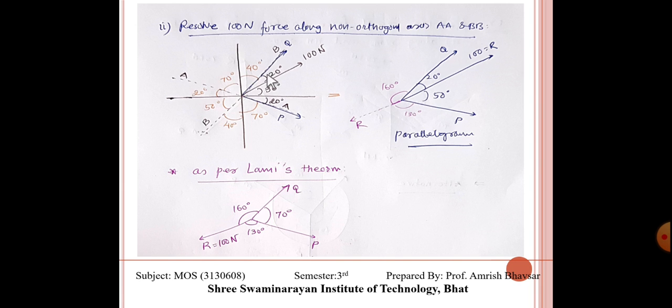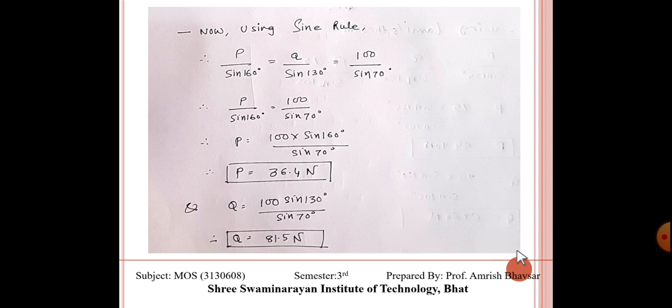Now the angle between Q and this R is 160 degrees, this is 70 degrees, and here it is 130 degrees. From this we can calculate P upon sin 160 is equal to Q upon sin 130 is equal to R upon sin 70. This is our sine rule and this is Lami's theorem. So we put P upon sin 160 degrees is equal to Q upon sin 130 degrees is equal to 100 upon sin 70 degrees.